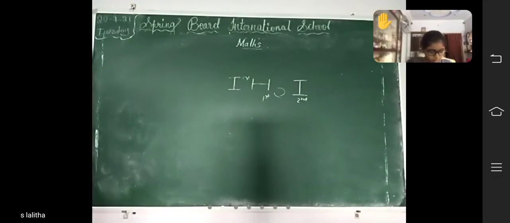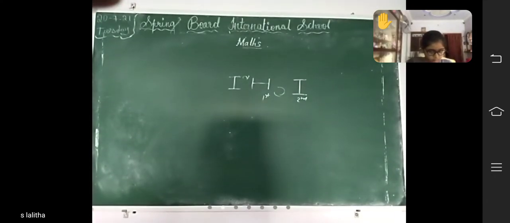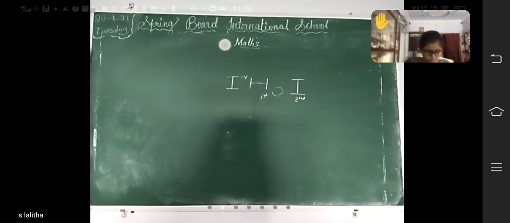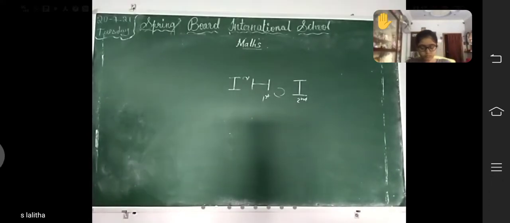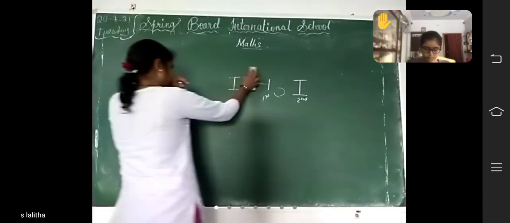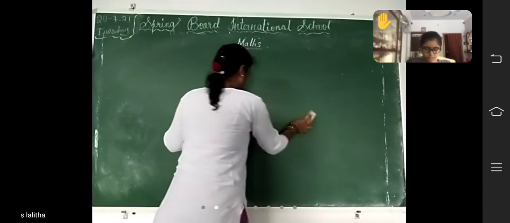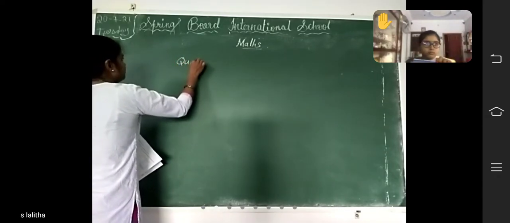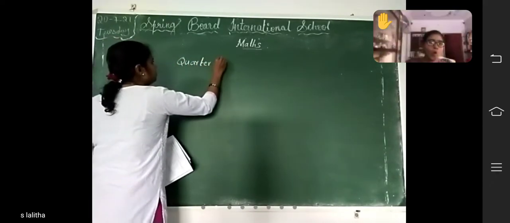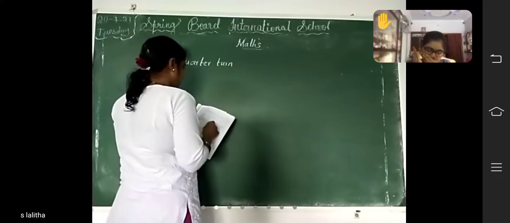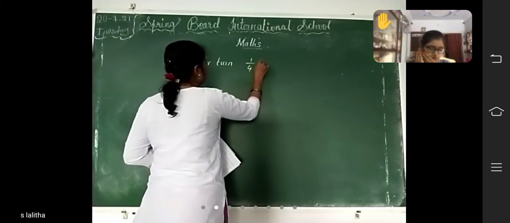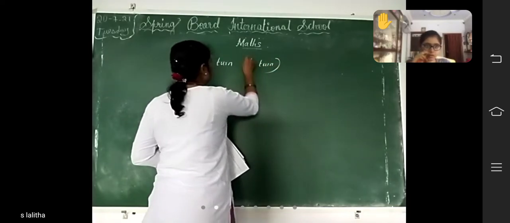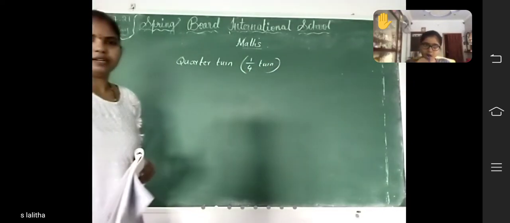Now open your CWs. Quarter turn. Quarter turn. That means 1/4.